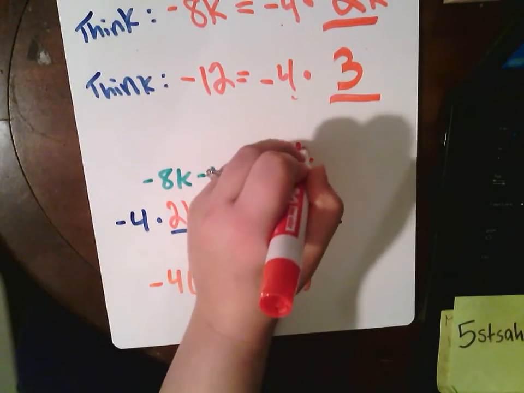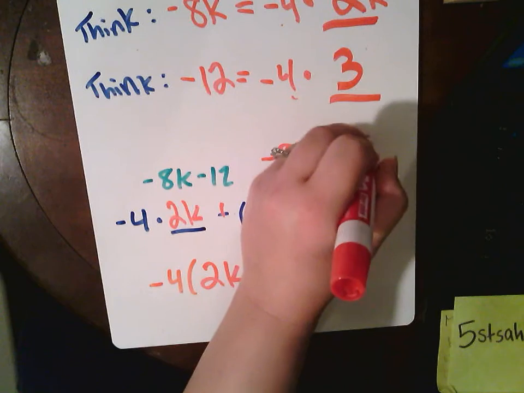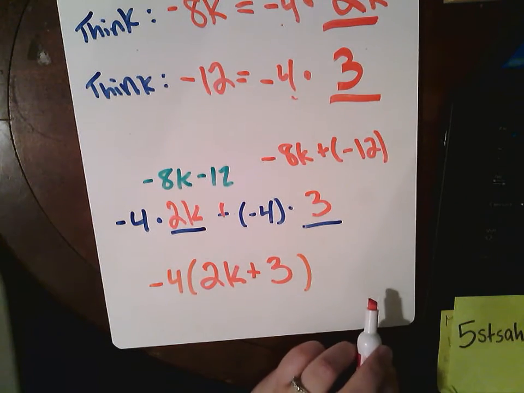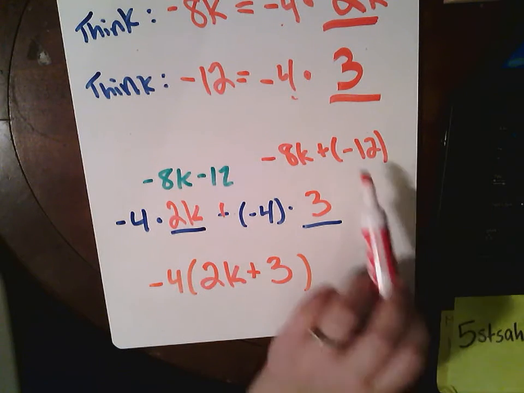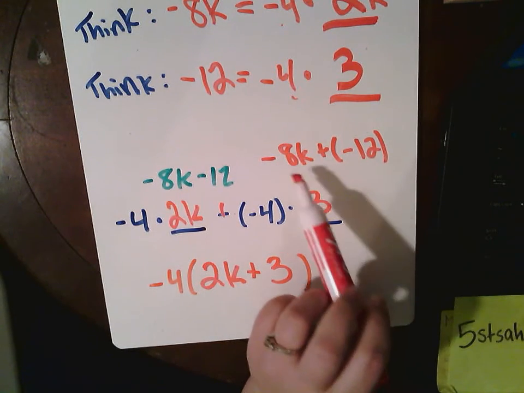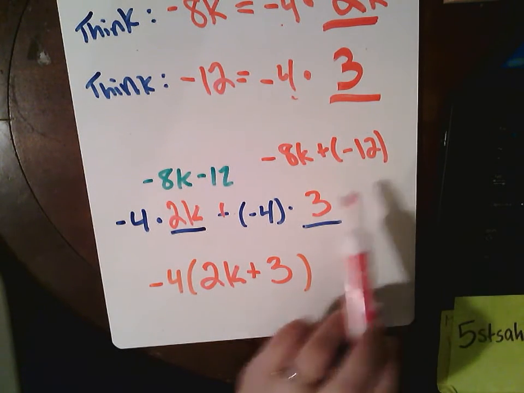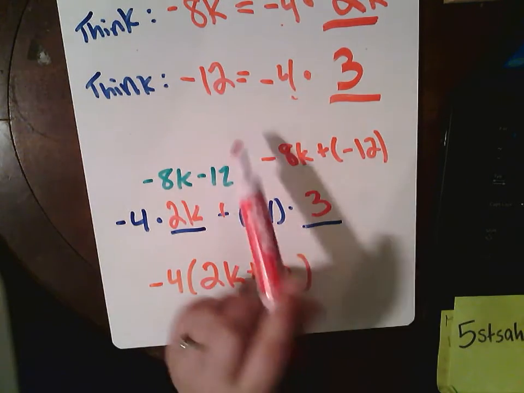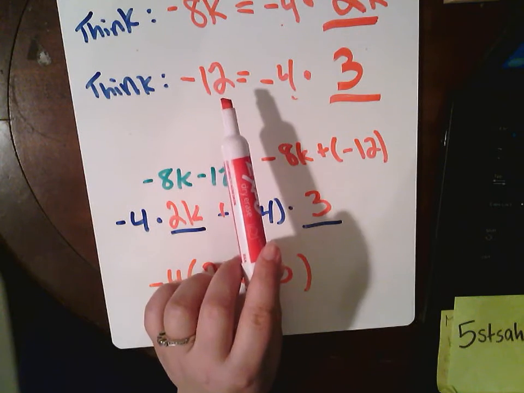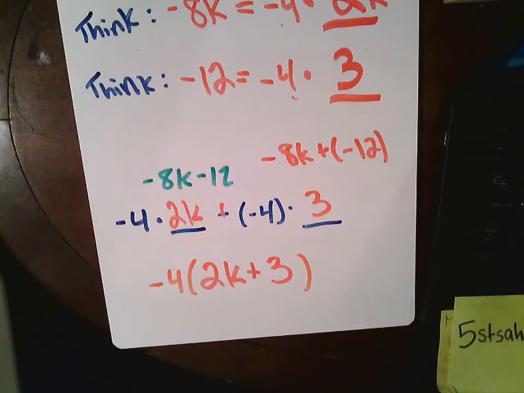Negative 8k plus minus 12. Remember, I've been rewriting our answers at the end when they look like this to say negative 8k minus 12. Well, that's just what this is, and so I have to rewrite it when I use it as a negative 12 right here to say plus a negative 12. So then my answer will be a plus 3.